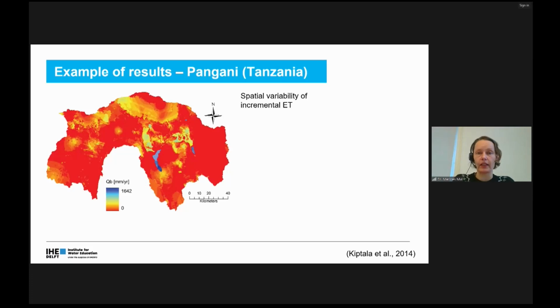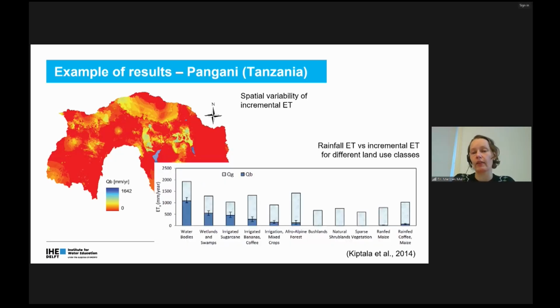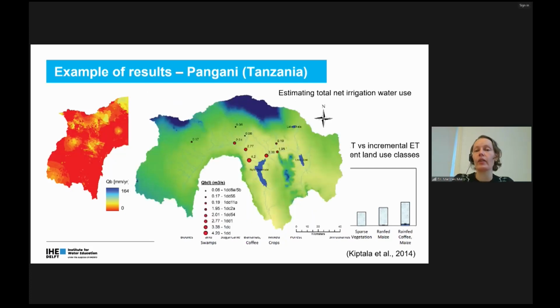Another example is in Tanzania, which is in Africa, where we also evaluated the blue ET in that particular area. We evaluated it against different land use classes, and then we combined it and estimated the amount of water that was being abstracted for irrigation use in this particular area. And at every point in the basin, we could actually estimate how much of the flows in the river were reduced because of irrigation abstractions.